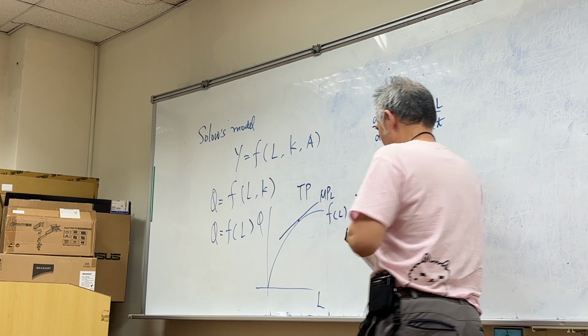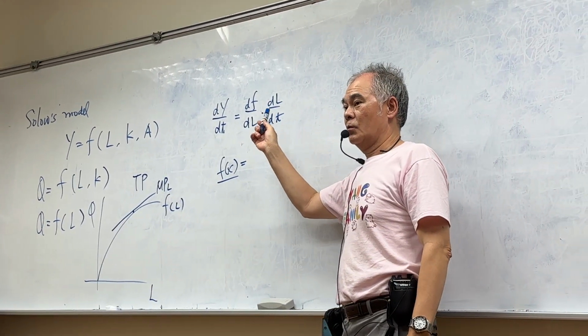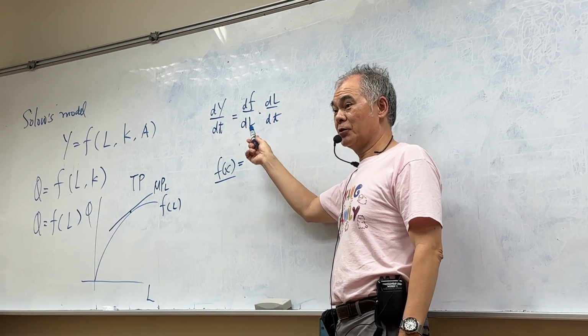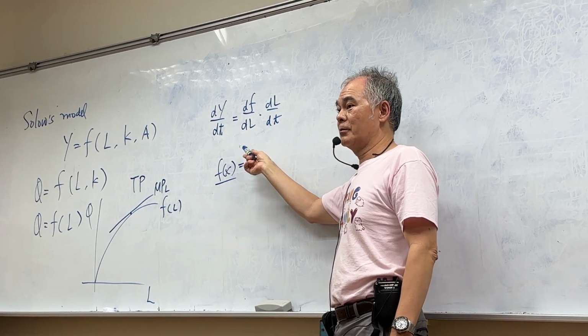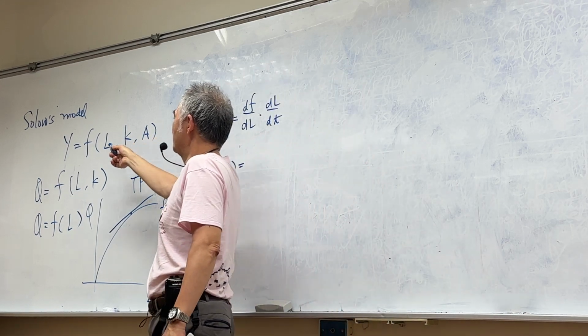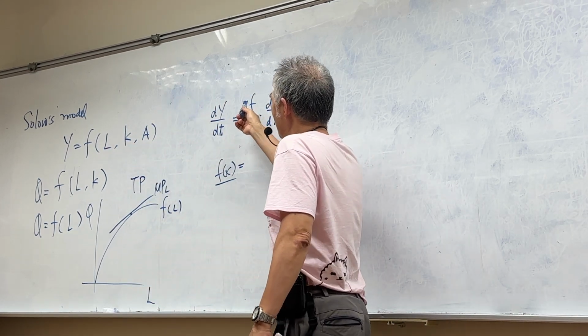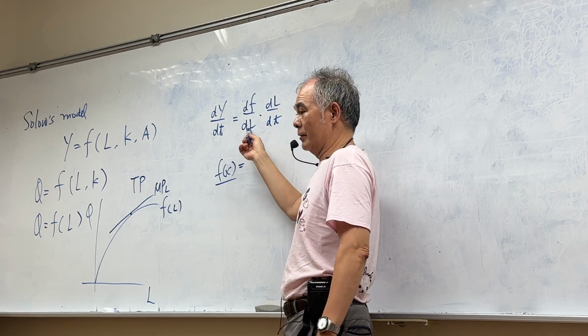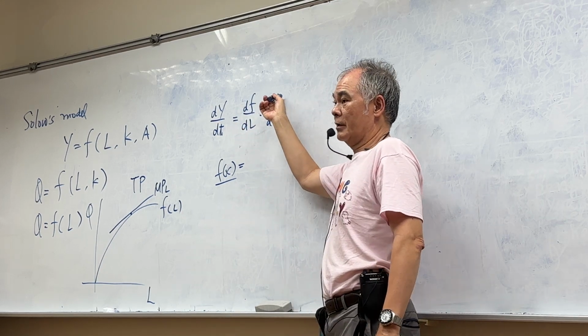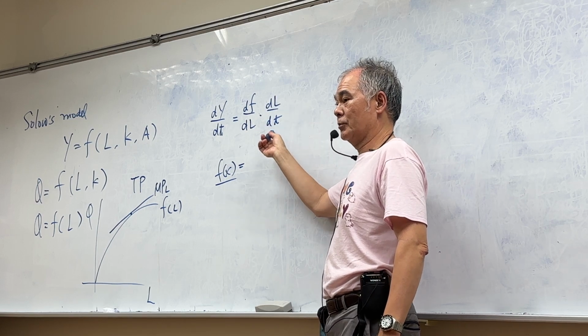dL, dt. Basically this is what you're going to get when you use differentiation, because you have three variables. First of all, you have to differentiate the production function with respect to L, and then again the labor differentiate with respect to t.